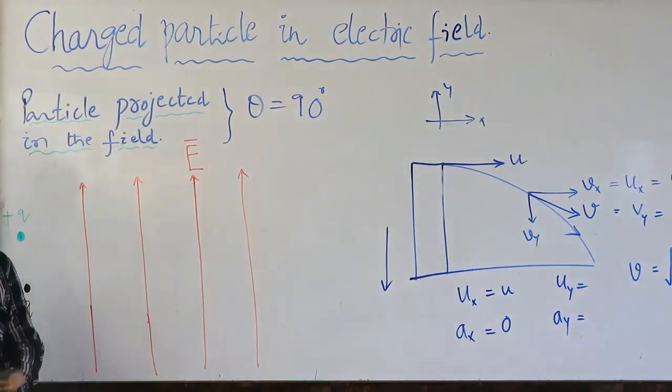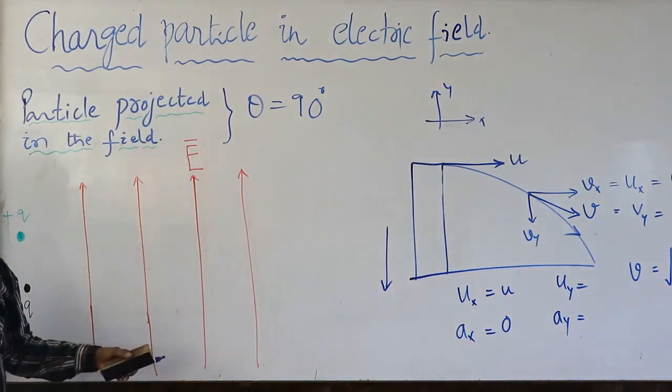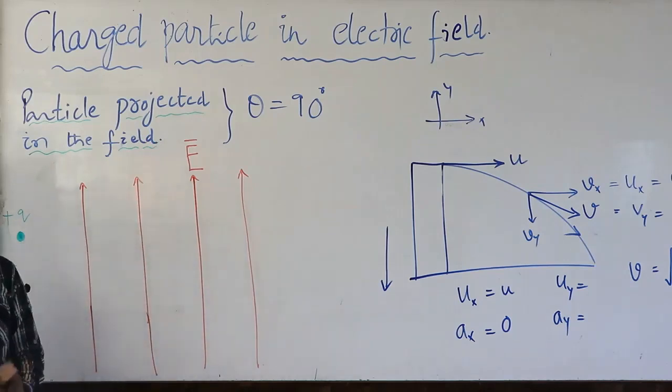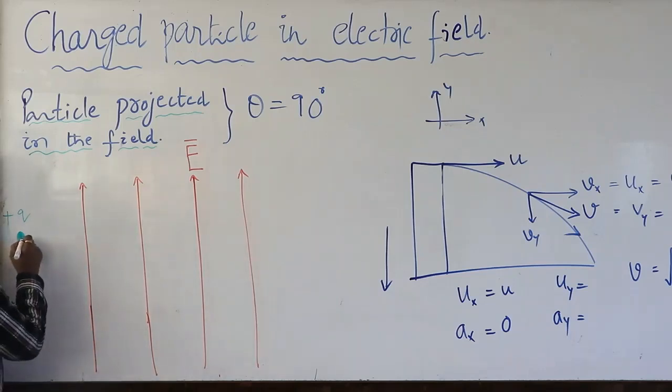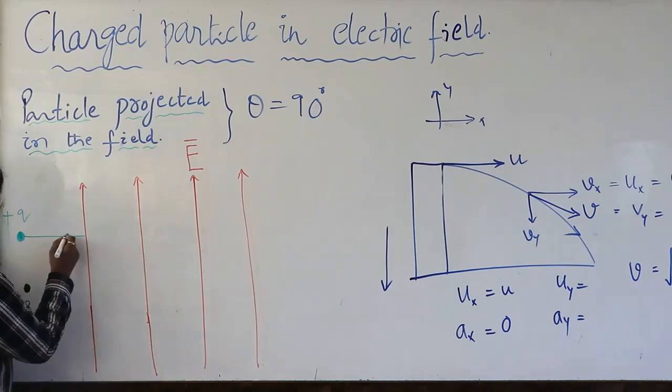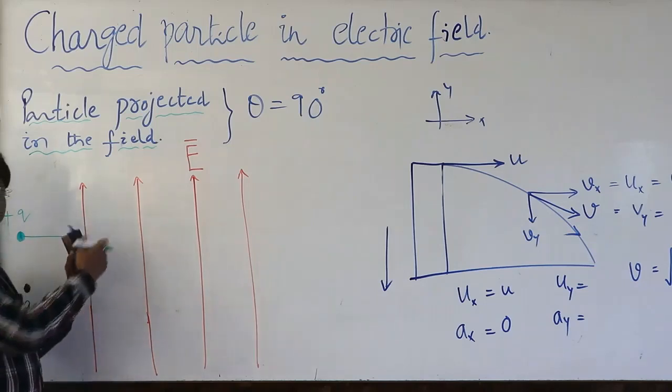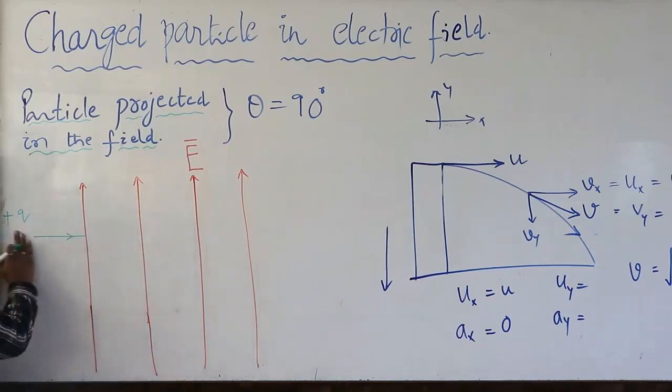If you want to write a vector, I will take that vector as j cap, because y direction I take, horizontal direction I will take as i cap. This is an electric field, and the particle is projected into the field. The field begins at this point.